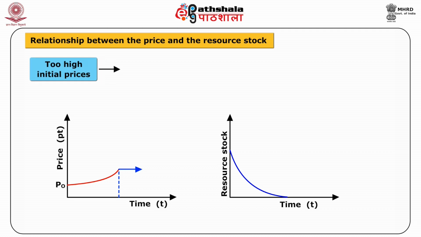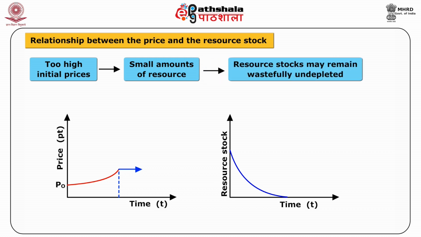Conversely, if the initial price is too high, then each period may record too small an amount of resource use, and some stock may remain wastefully undepleted by the end of the planning horizon. Hence, this suggests that there is one optimal initial price that brings about the rate of extraction consistent with the resource stock being fully depleted at the end of the planning period.